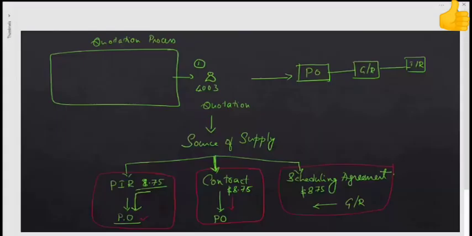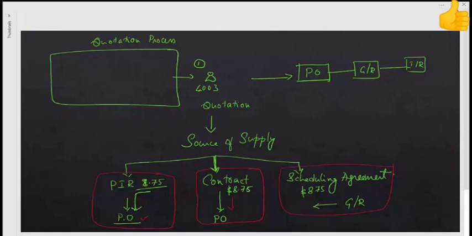As you can see, the quotation process starts as a competition between the different vendors. You send them request for quotation, they respond with quotations, and you select a winner. Once you select a winner, you can create that as a source of supply.